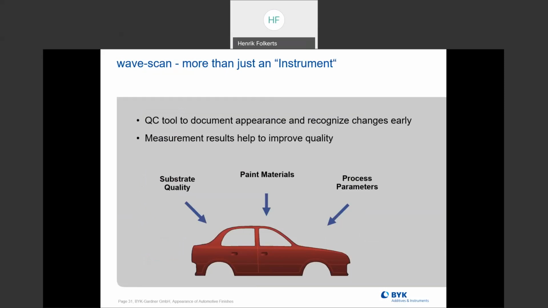Everything that can be changed in a paint facility, it doesn't matter if it's a part supplier or an OEM, all these things affect how your final appearance is. So it's really important that you measure so you can figure out what's going on and figure out how to make your appearance better.